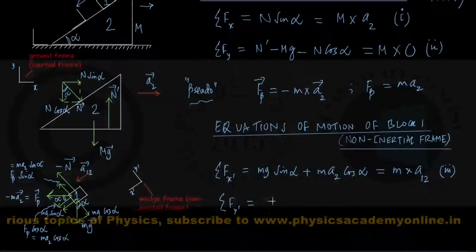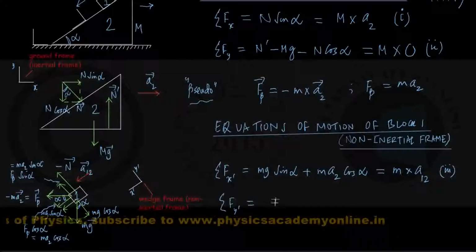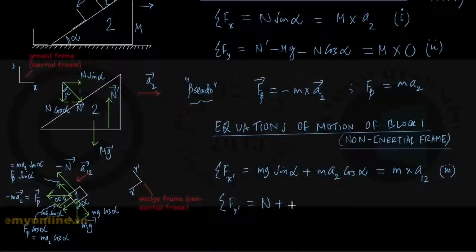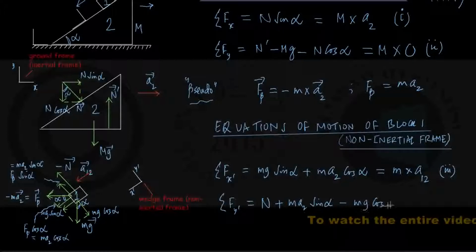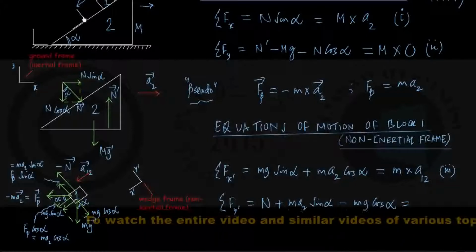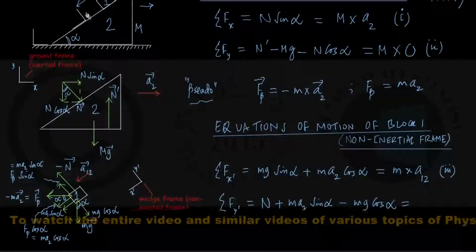So we could write down that the equation of y motion is coming out to be normal force is positive in the y dash direction, plus we have got ma2 sine alpha also in y dash direction, and we have got mg cos alpha in the minus y dash direction. And as viewed from this wedge frame, the block slides down the inclined face, so there is no motion away from this inclined face.